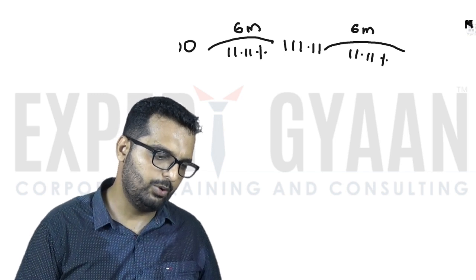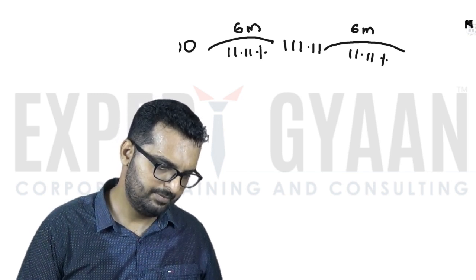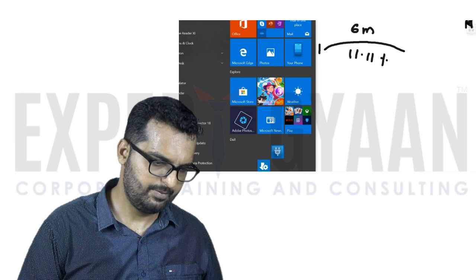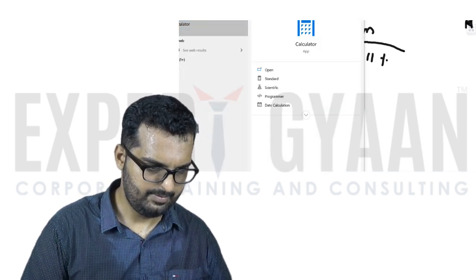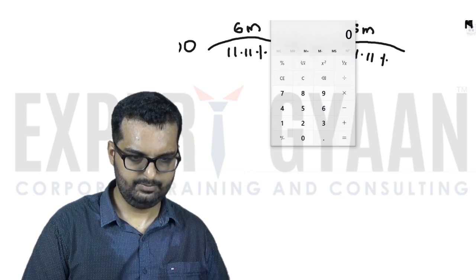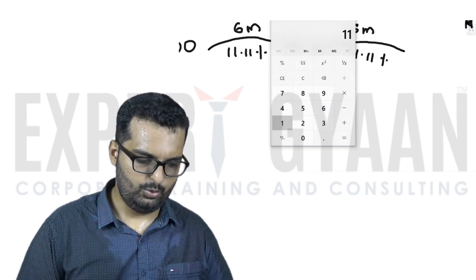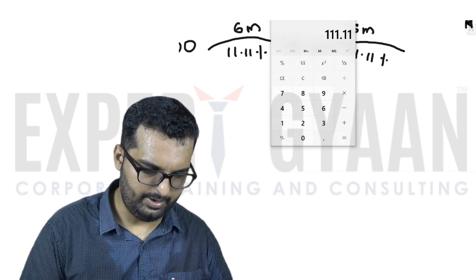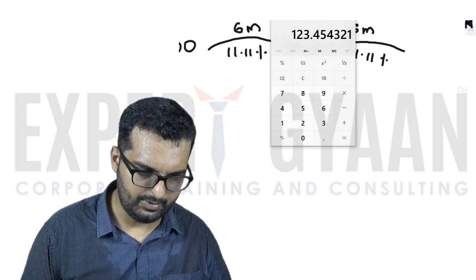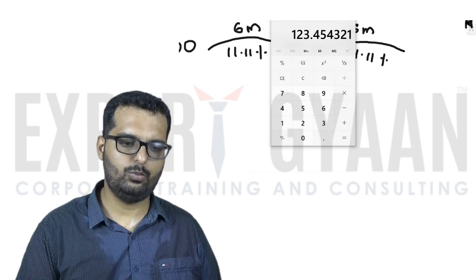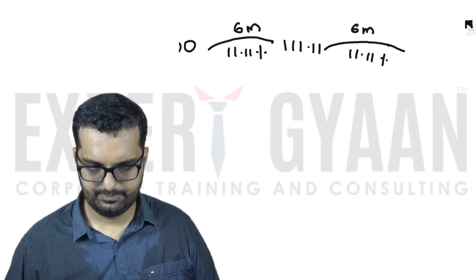So let me take a calculator here. 111.11 into 1.1111, that is 11.11 percentage, will give me the answer as 123.45.